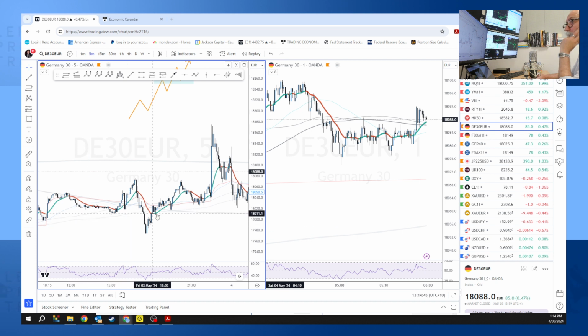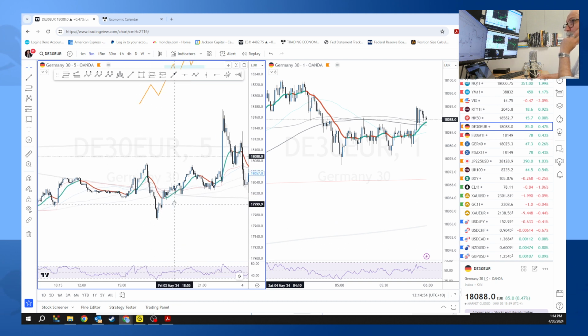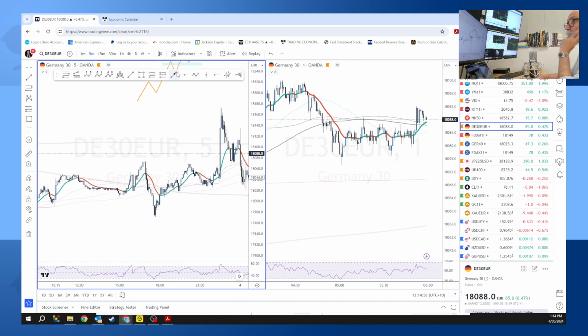Now what we can do is take that idea and use it with the assistance of the kernel regression line. So let's say, for instance, when it's red we're going short, when it's green we're going long. But I don't really want to just go in anywhere.